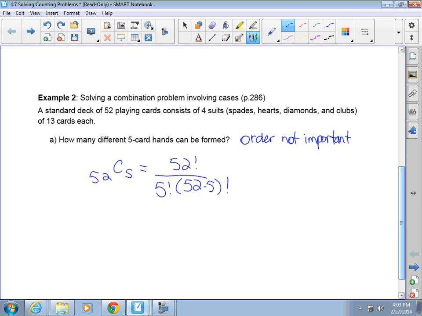So when you do the math on that, you can do your calculator, do that 52, math, PRB, the combination button, the C, and then 5, and press enter, and you get your total of 2,598,960 5-card hands are possible.